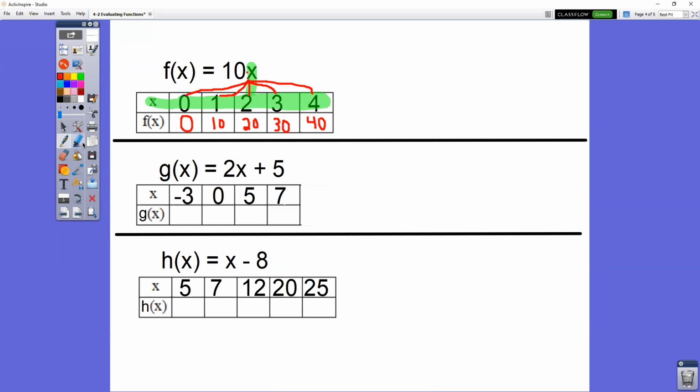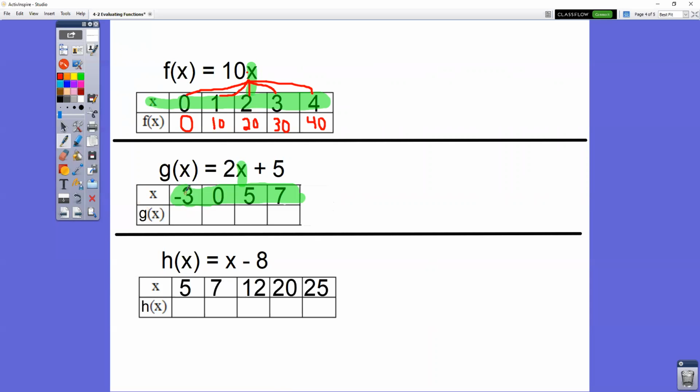Let's take a look at the second one. Now, you're not always going to have consecutive numbers. This one has some random numbers, -3, 0, 5, and 7. But again, we're going to take all those numbers and sub them in for x.